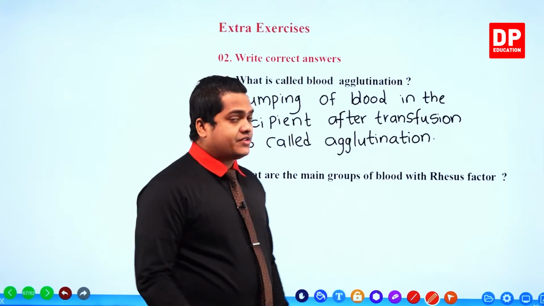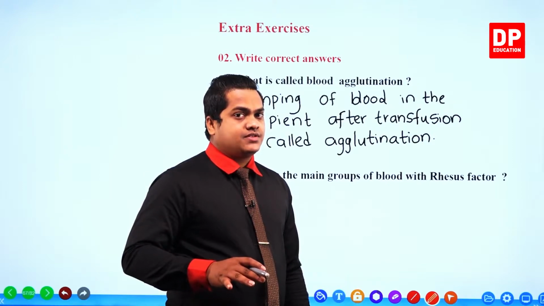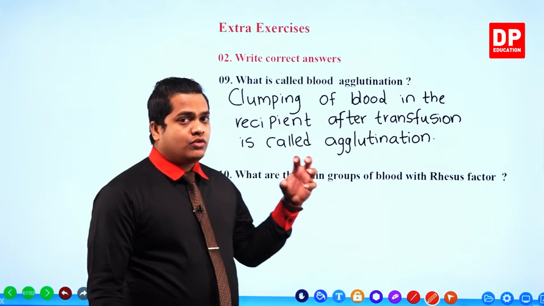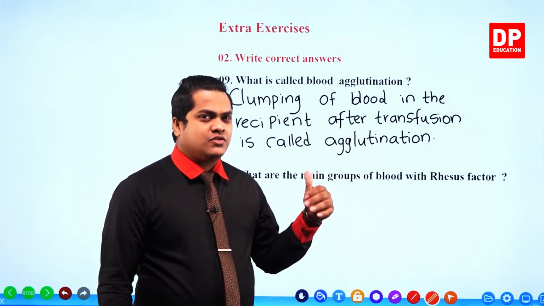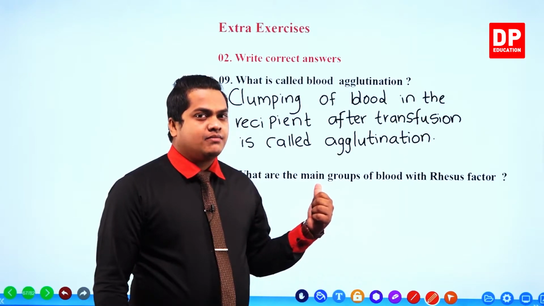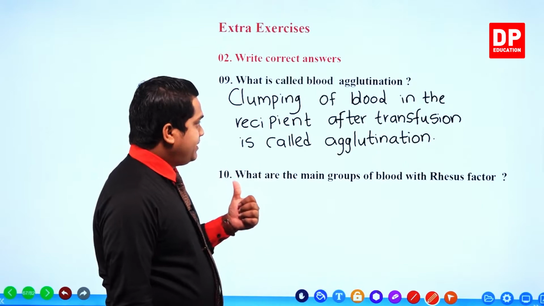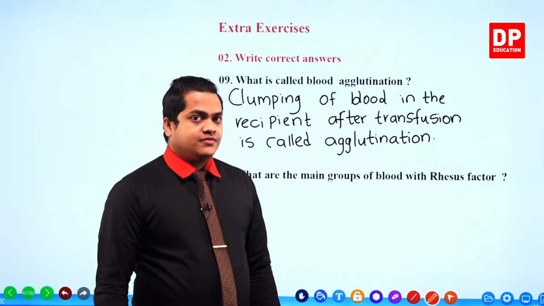After the transfusion process, the recipient's blood is going to clump or clot. Clotting is not more probable, so that's why I have used the term clumping. So clumping of blood in the recipient after transfusion is called agglutination, right?